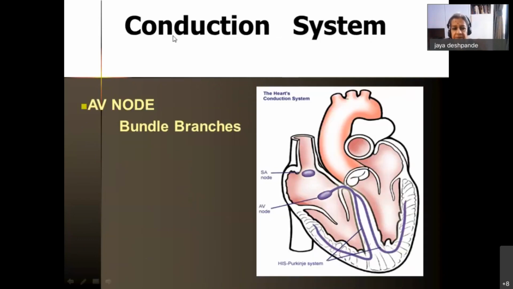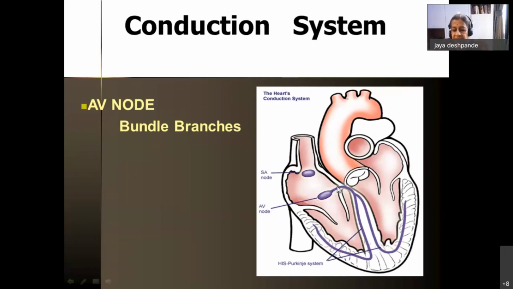The other important part is the conduction system. Now, if you look at the right atrium, we have the AV node at the apex of the triangle of Koch. From the AV node, you have the bundle of His, common bundle of His, and central fibrous body.